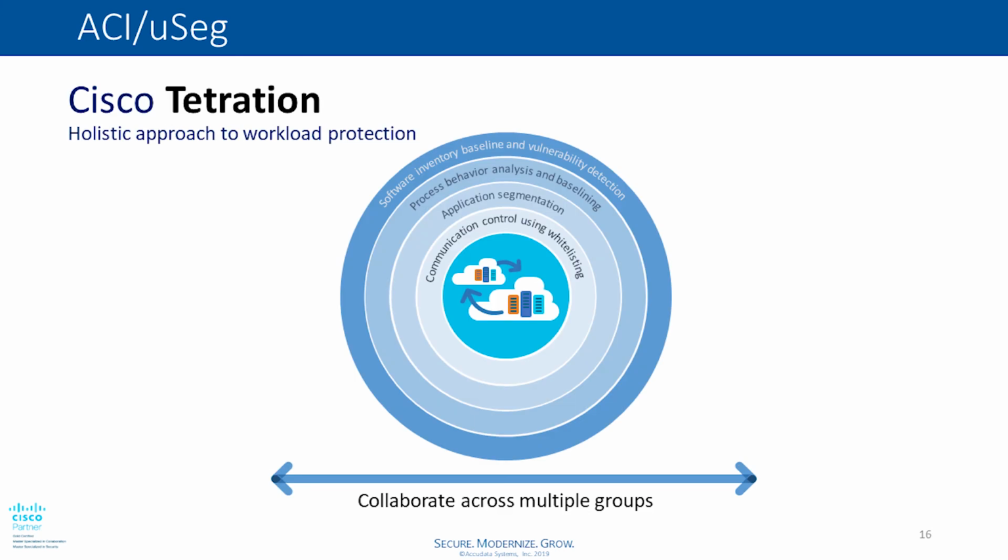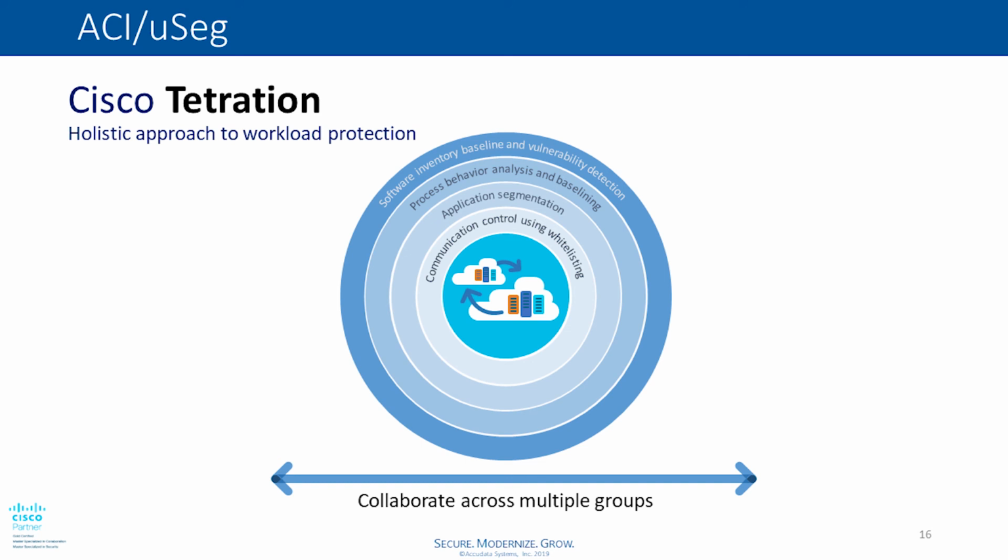How does Cisco Tetration enable microsegmentation in my environment? The first thing is communication control using whitelisting. So this is following the zero trust model. I'm not going to trust anyone unless you whitelist the communication. If you tell me that application A is going to talk to application B through a certain port, then I'm going to open that port for that communication. The other way around, I'm not going to let anyone talk to each other.